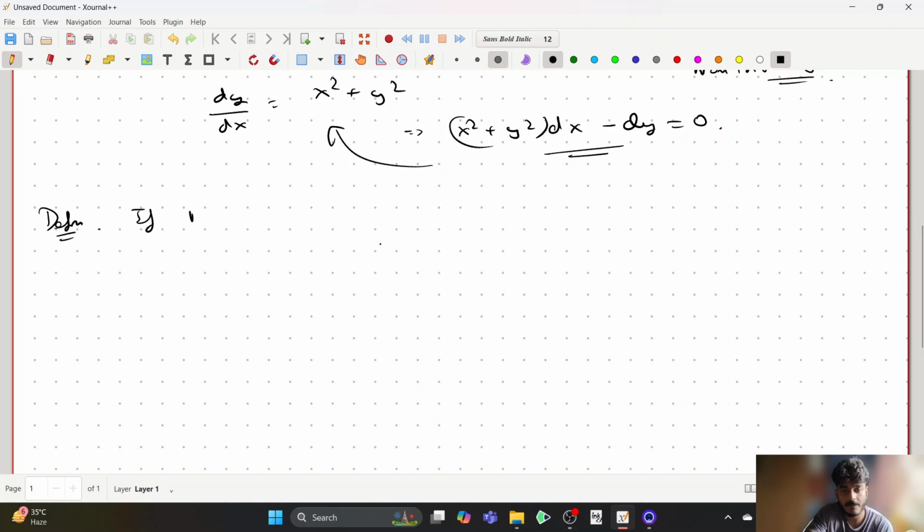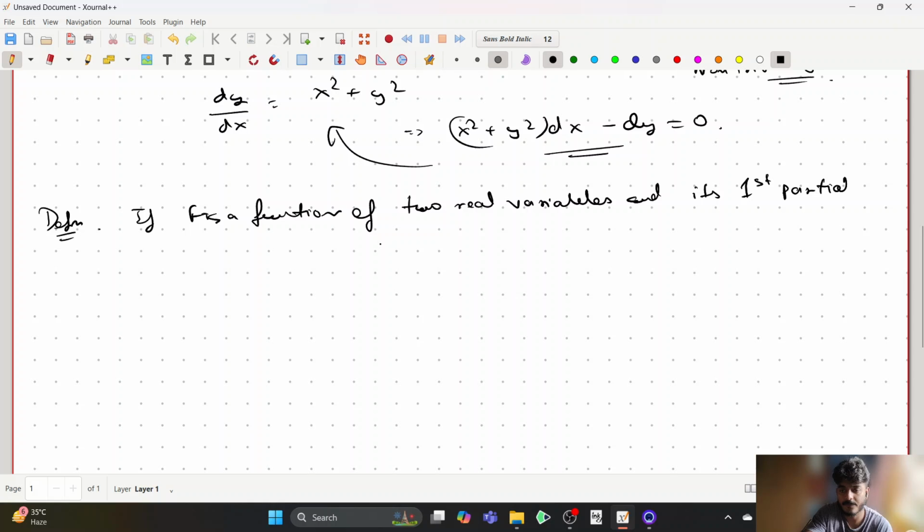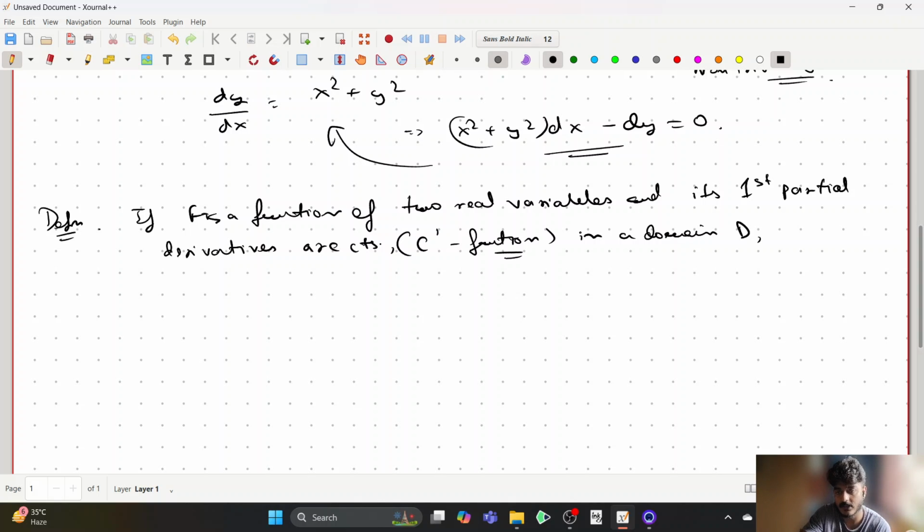Now let us involve a definition. Okay. So if f is a function of two real variables and its first partial derivatives, that is del f upon del y and del f upon del x, are continuous, sometimes we will be directly denoting it to be a C1 function, in some domain D. So a domain can be thought of as an open connected region or an open convex region.